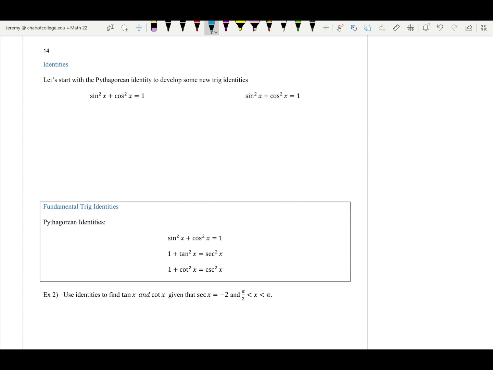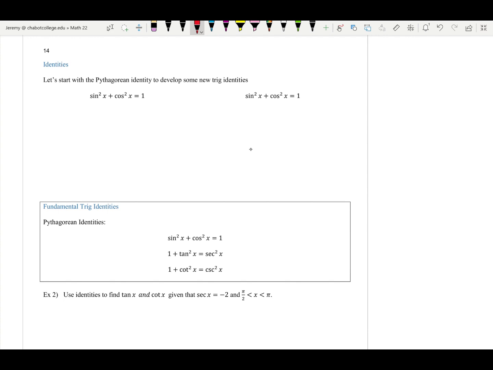There are a couple of other trig identities that are also Pythagorean, but they involve other trig functions. Okay, the tangents, the secants, the cotangents, the cosecants. And we can derive them really quickly and easily from just the original Pythagorean identity, sine squared plus cosine squared equals 1. Here's how we do it.